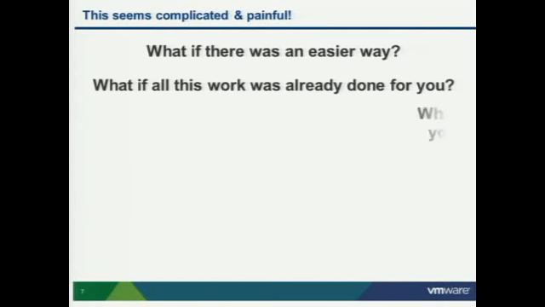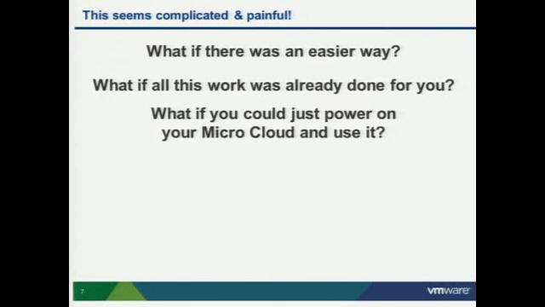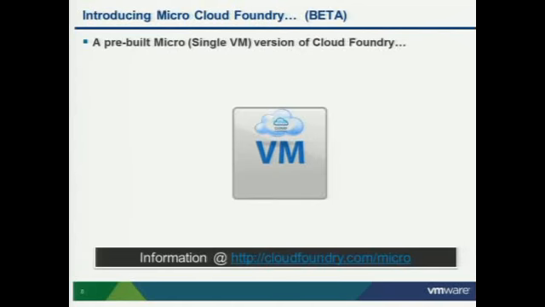So this seems pretty complicated and painful, at least for the average person. This was, up until a few weeks ago, your only route for having your own microcloud. So there should be an easier way to do this, right? And so what we set out to do, one of our intentions was to have Micro Cloud Foundry, which we announced a couple of weeks ago.